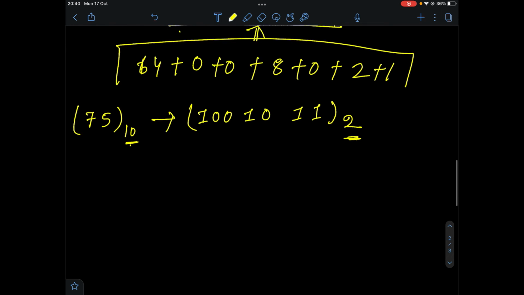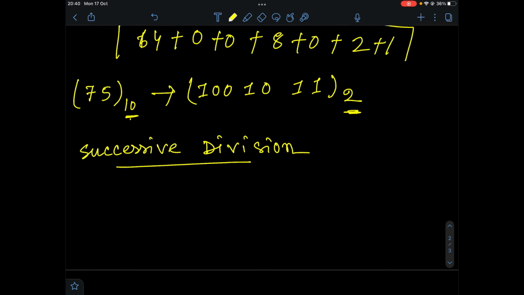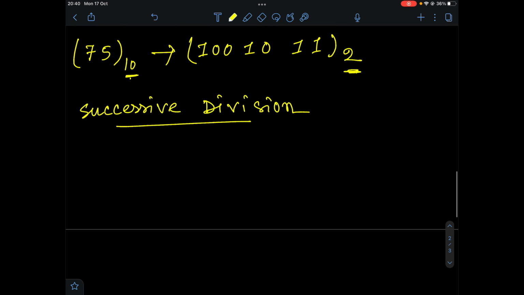Okay, so now let's talk about successive division method, which is actually the proof of this subtraction method. Okay, so successive division, you can see here it is mentioned division.